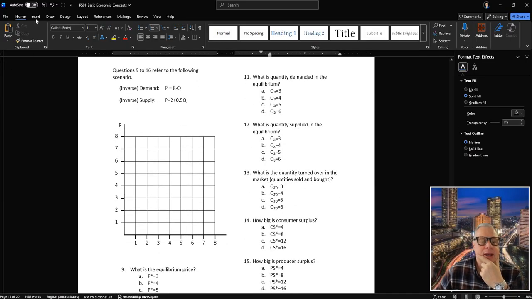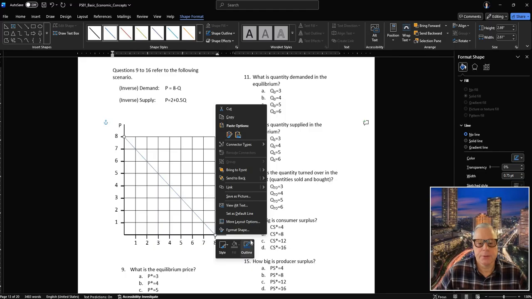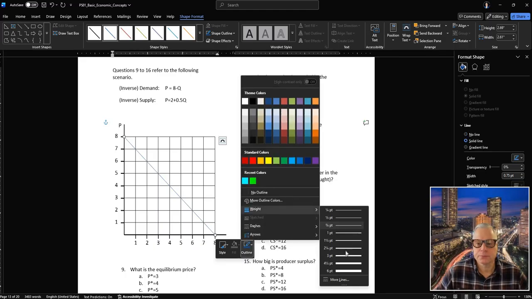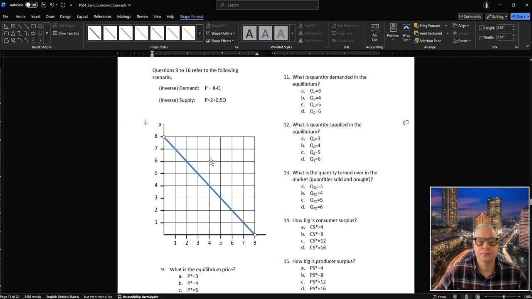So again, we have an inverse demand function, which is 8 minus Q. So again, it goes from 8 to 8. But now the supply function has only a slope of 0.5.